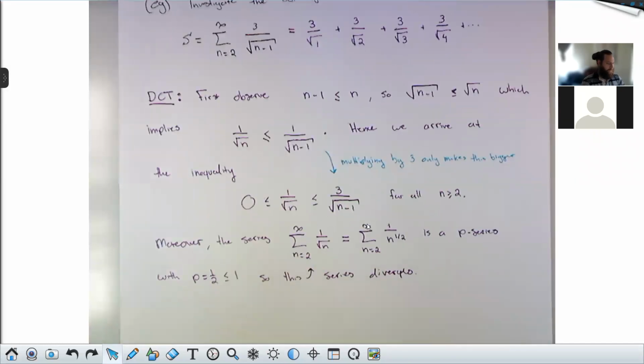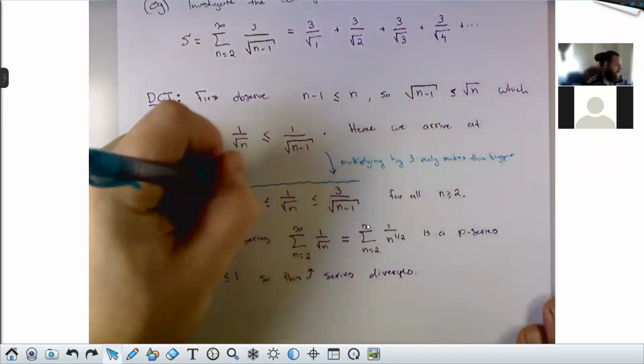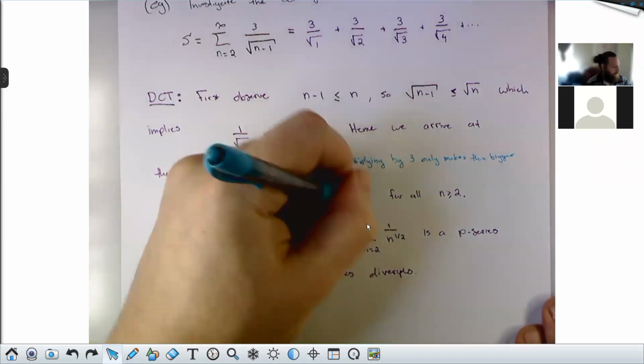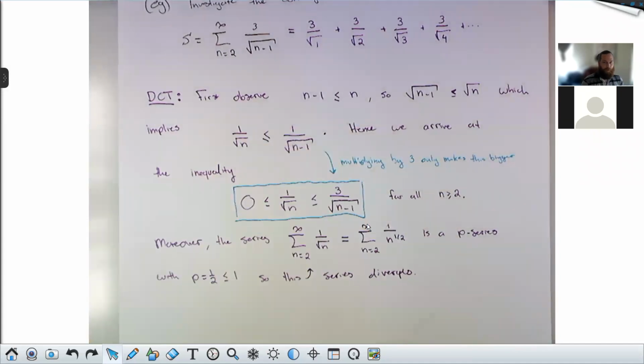So what we have here is this inequality. So the magic inequality for this problem. And I know that the series that we get by summing this, by slapping a sigma onto this thing, is divergent. So the terms of this divergent series are all smaller than the terms of my series.